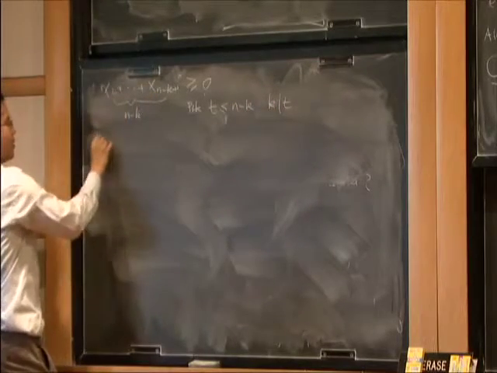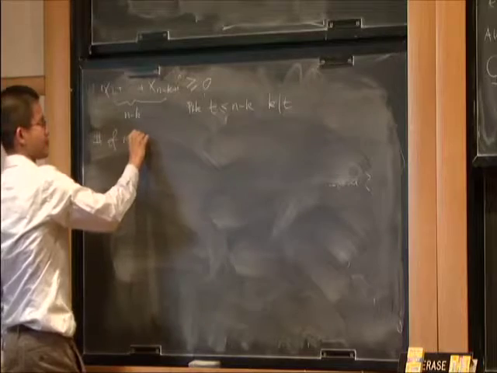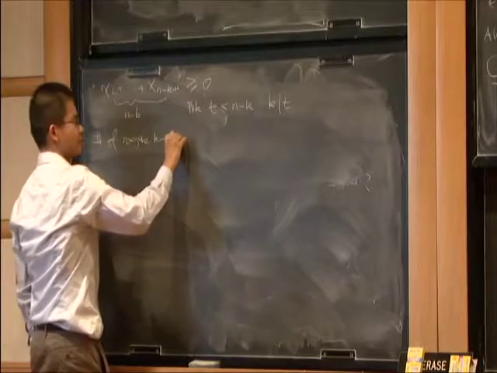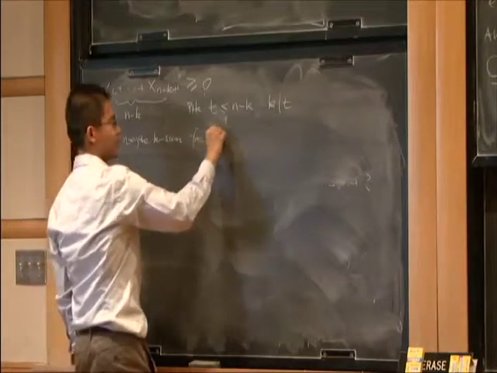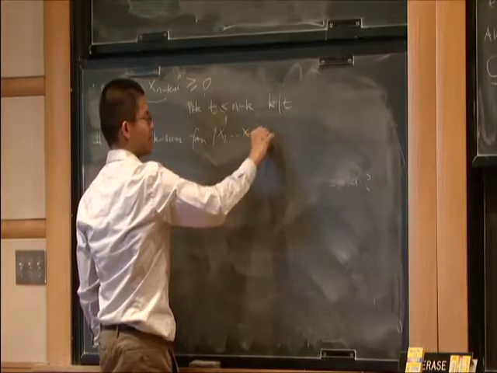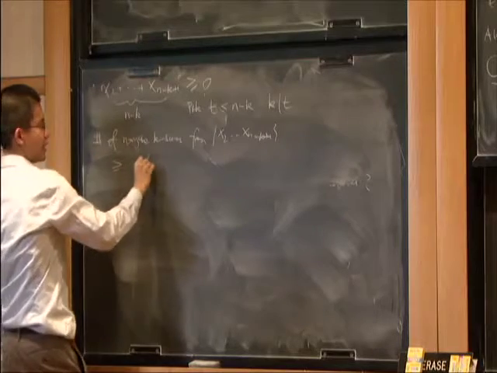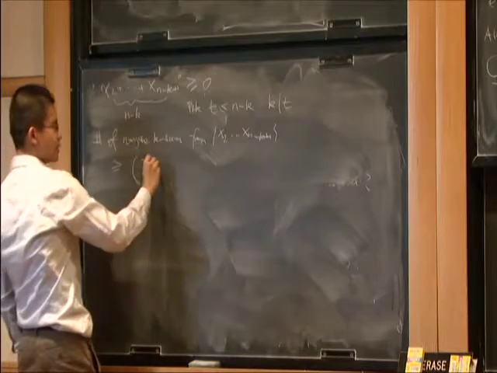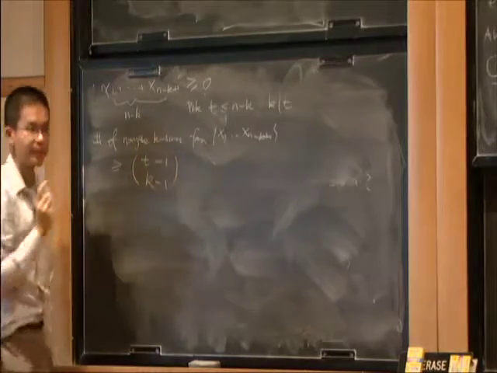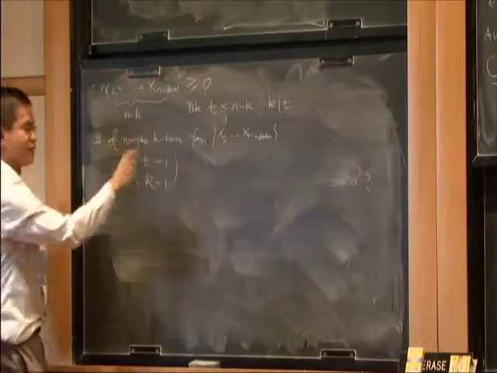Then we know the number of non-negative k sums from the set S2 to S_{n-k+1} is greater than or equal to t minus 1 choose k minus 1, from the case when t is divisible by k.